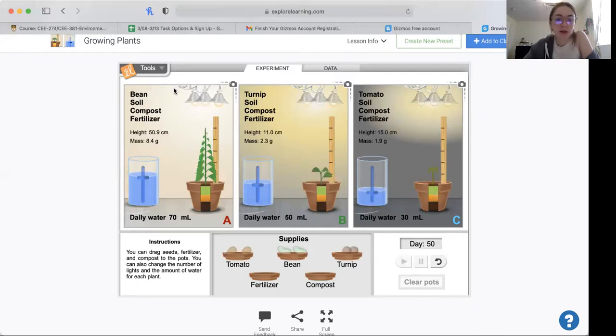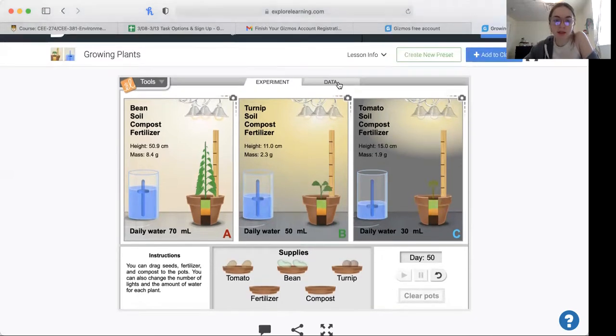And then this one was clearly getting tons of light and tons of water, so it grew pretty well. And then this one in the middle actually didn't grow as tall as this one. It says only 11 centimeters compared to C, which is 15 centimeters, but it weighs a little bit more, which means it's probably a little bit healthier than C.